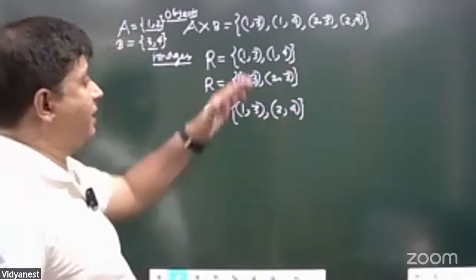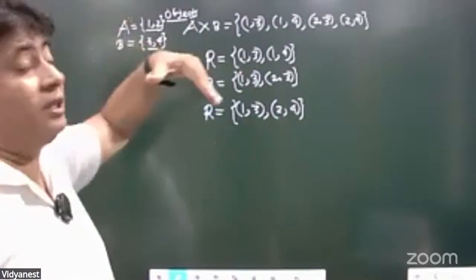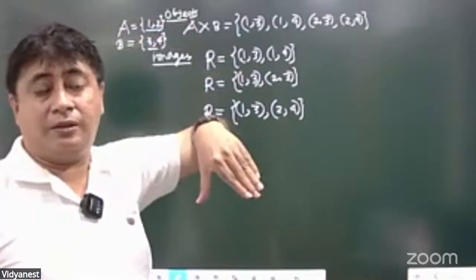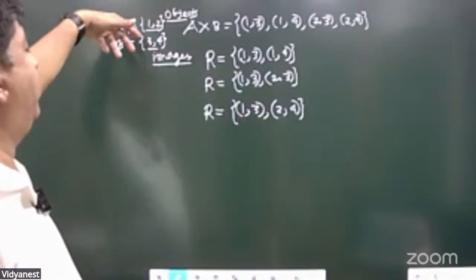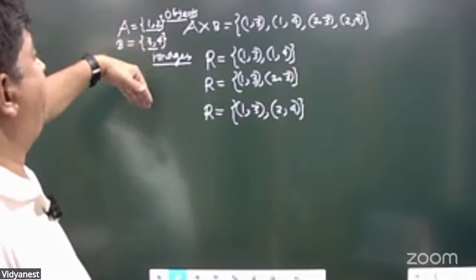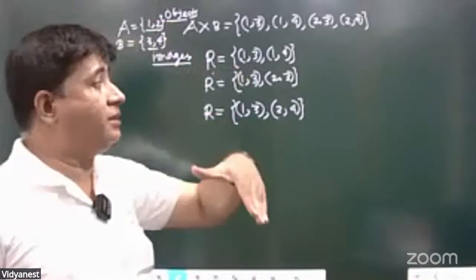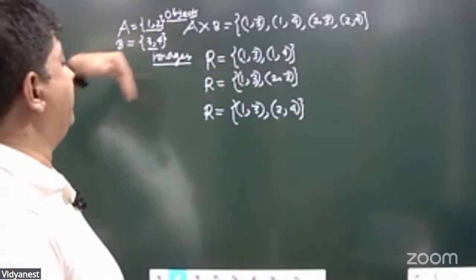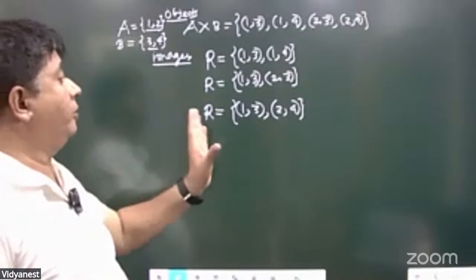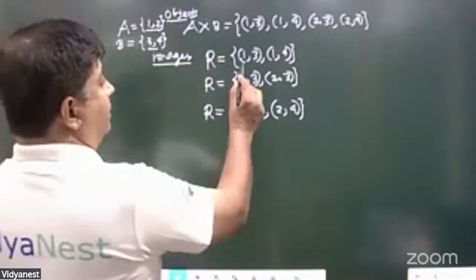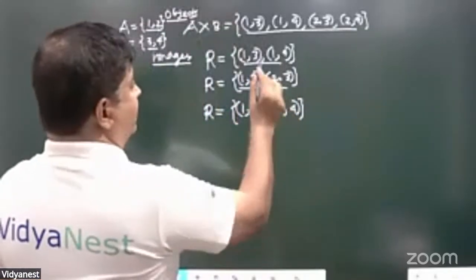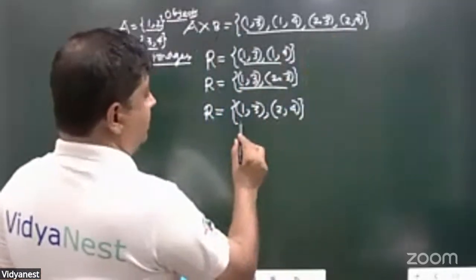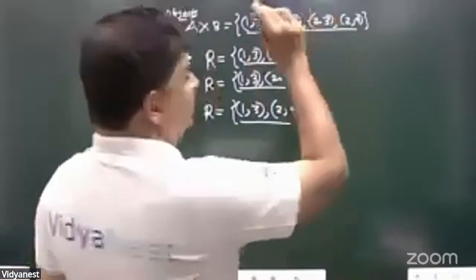See, in each case, we have got a relation between objects and images. Object means parents, images means their wards. They depend on objects; that means they are the images. So these elements are also elements of this, and these are also elements of this.